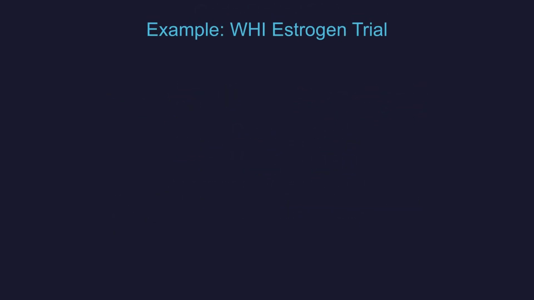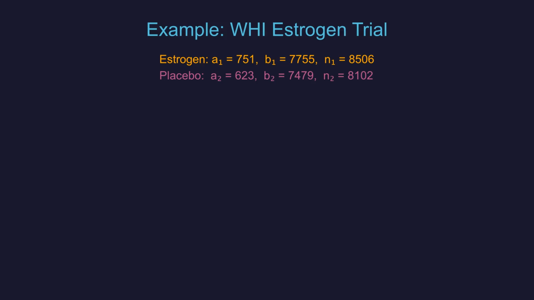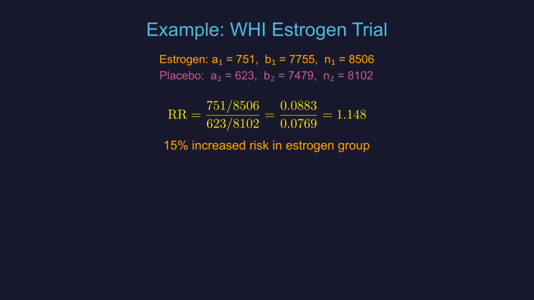Let's compute both measures for the WHI trial. The estrogen group had 751 events and 7755 non-events out of 8506. The placebo group had 623 events and 7479 non-events. The relative risk is 0.0883 divided by 0.0769, which equals 1.148.